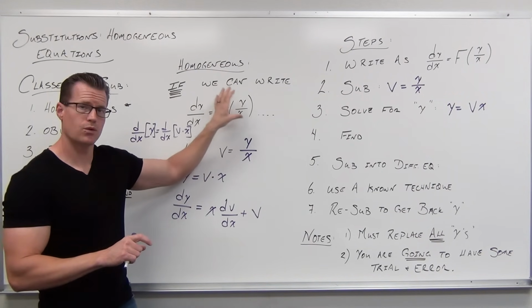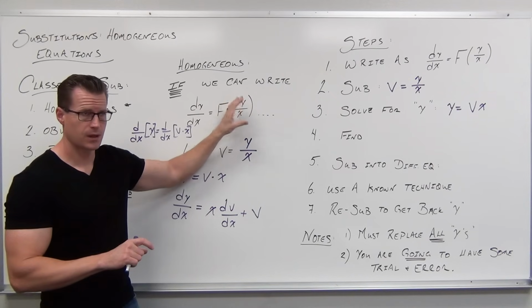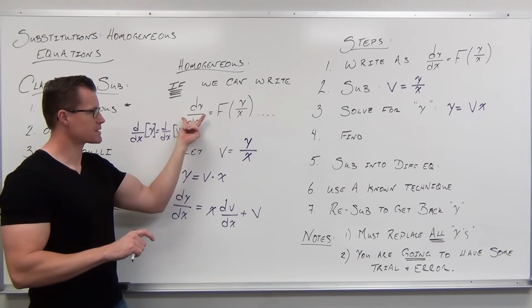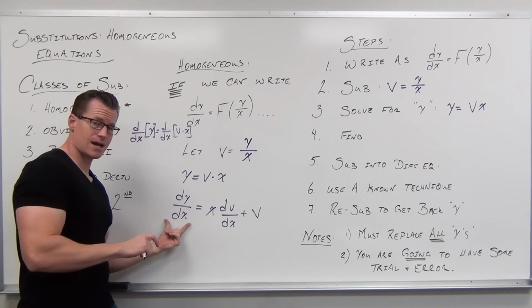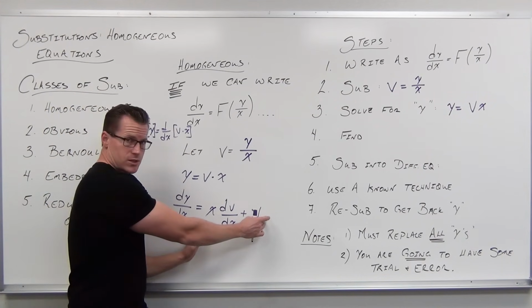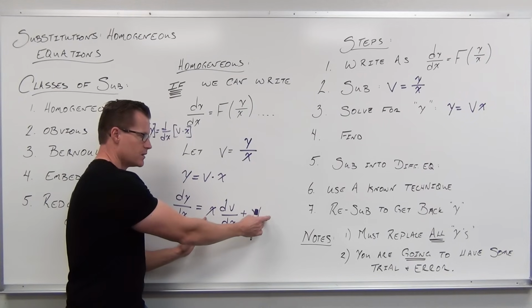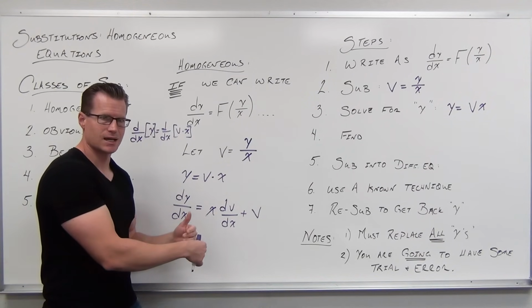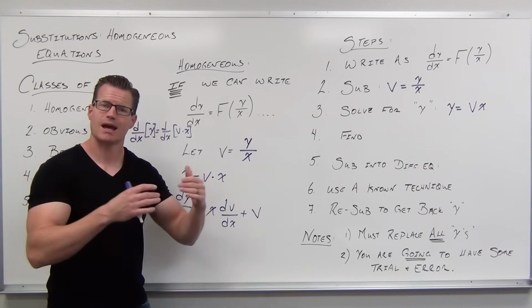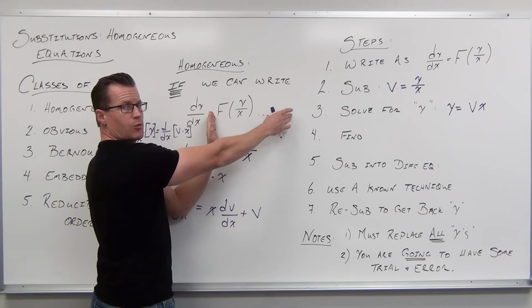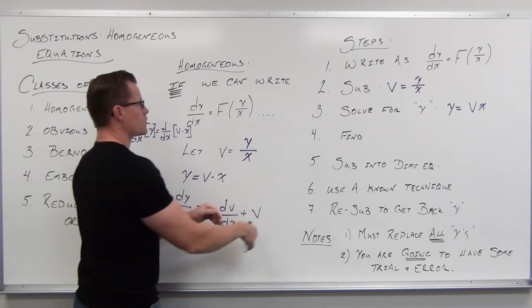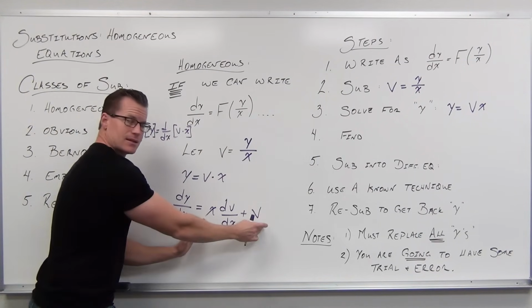You can replace all the y's over here with v. But then dy/dx, oh wait, if I take a derivative, I can replace the dy/dx with this whole mess of garbage, all right? Not garbage, but the derivative of y with respect to x. Well, that'll work. So we kind of have this double substitution idea. We're going to replace the right side, have a whole bunch of v's and x's. We're going to replace the left side and have exactly this.